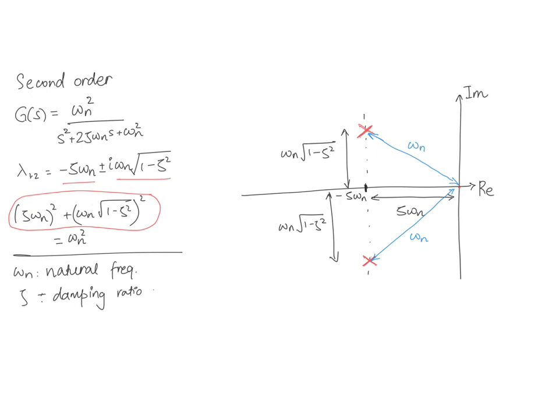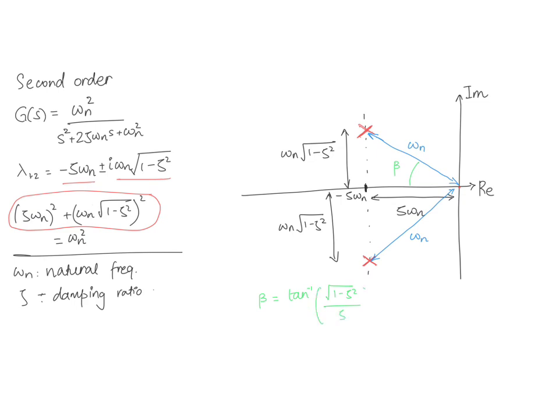You'll find that this angle, if I call that beta, is given by the tangent inverse of the square root of 1 minus zeta squared over zeta.